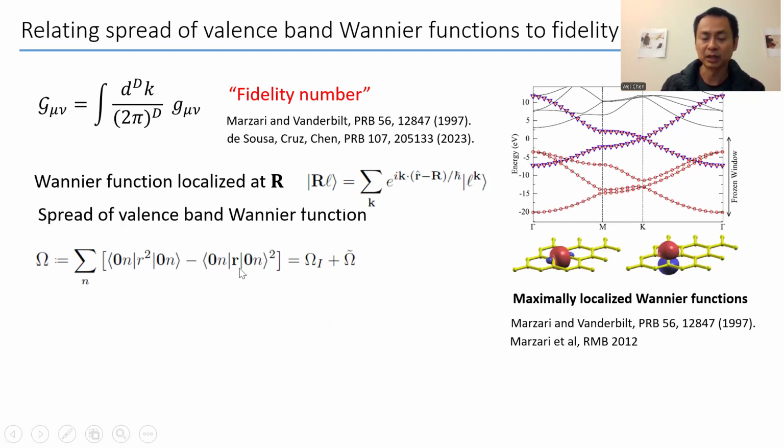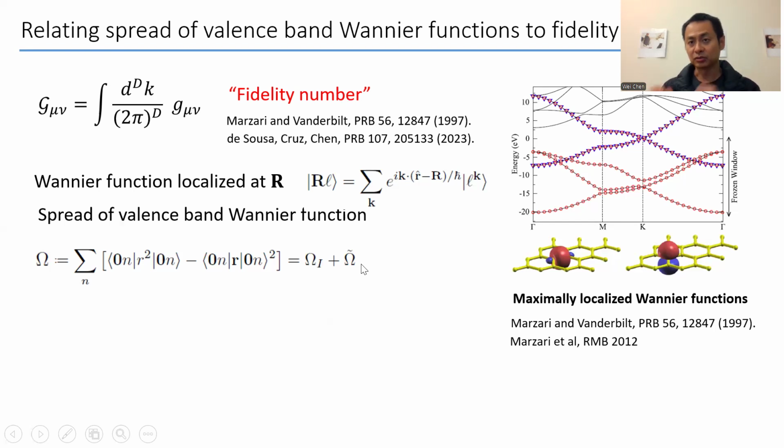Then this is like a standard deviation, or let's say the variance, of the position of the Wannier functions. And this thing is known to contain two parts. One is the gauge invariant part, and the other one is the gauge dependent part.